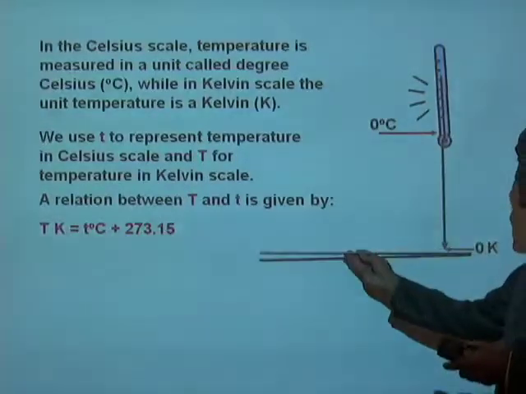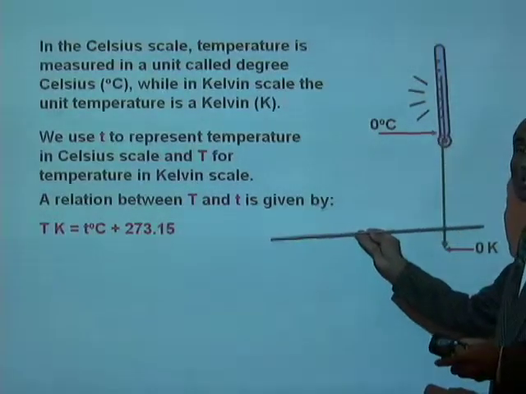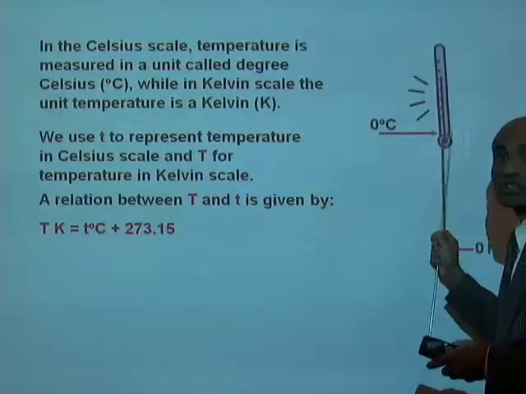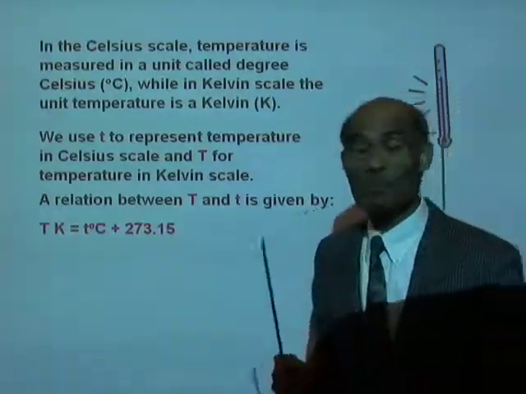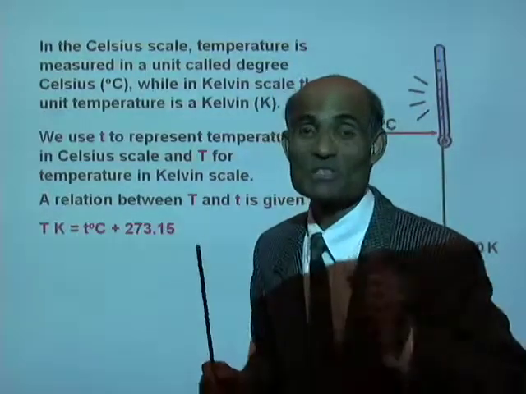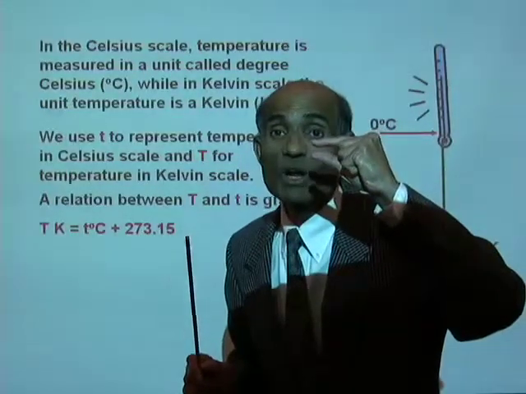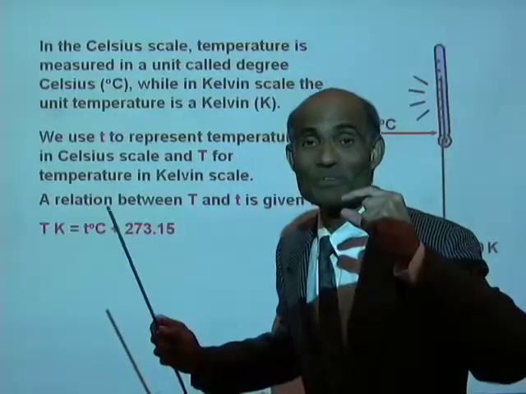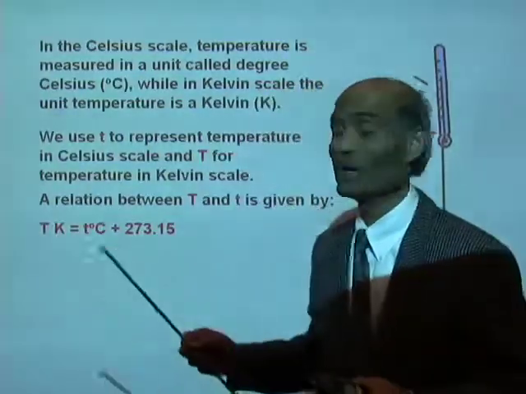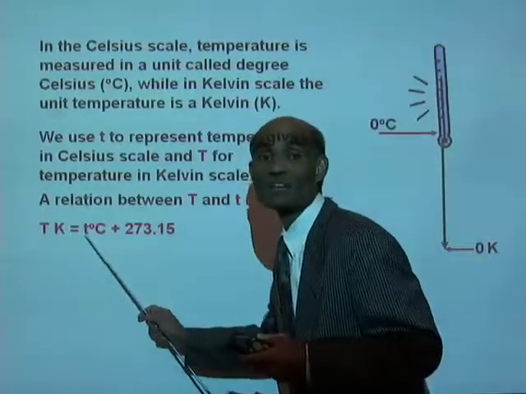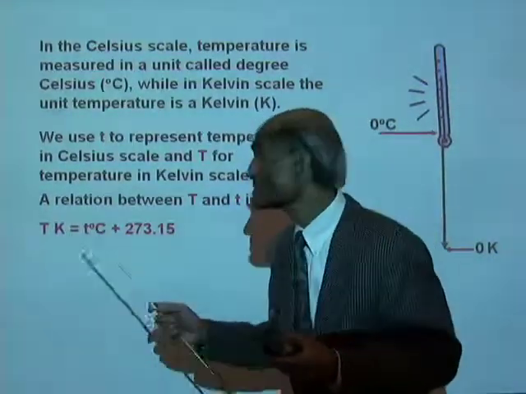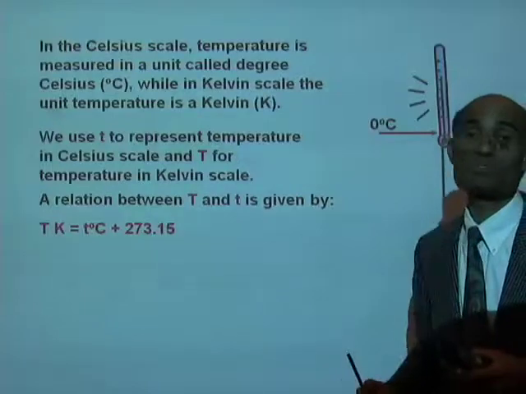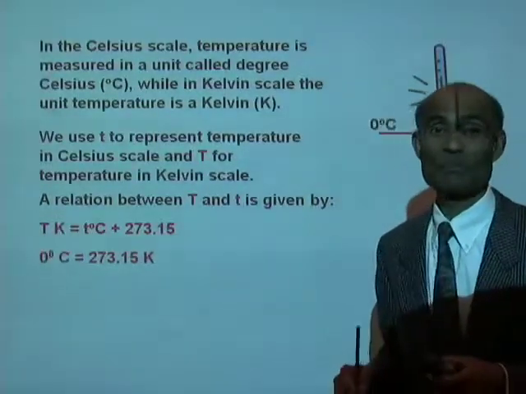That means from 0 Kelvin, you have to increase the temperature by 273 to reach 0 degrees Celsius. Now, one important thing you must understand is that each interval in Celsius and Kelvin are the same. So that makes it very easy for us to handle. In order to convert Celsius to Kelvin, all we need to do is add that 273, this difference, and the temperature will then be in Kelvin.